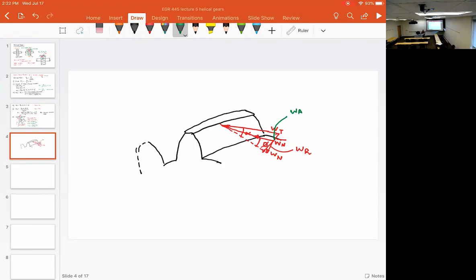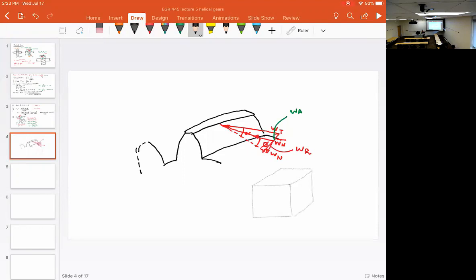And what I'm going to do is, let me see if I can give you a three-dimensional pictorial view of the forces. In the case of helical gears, you do not have a very simple force structure.